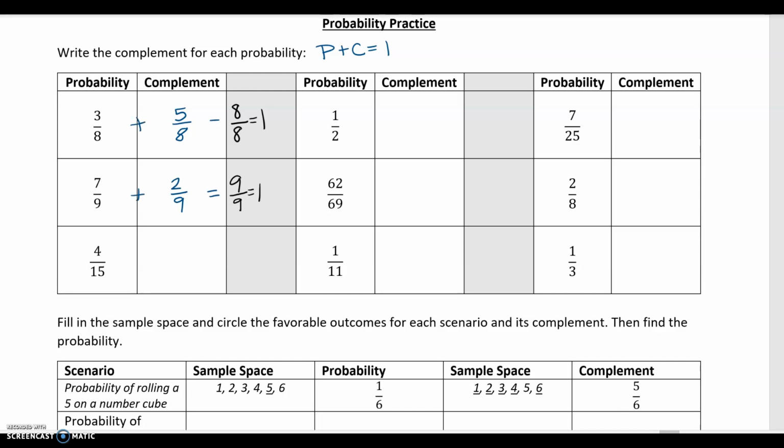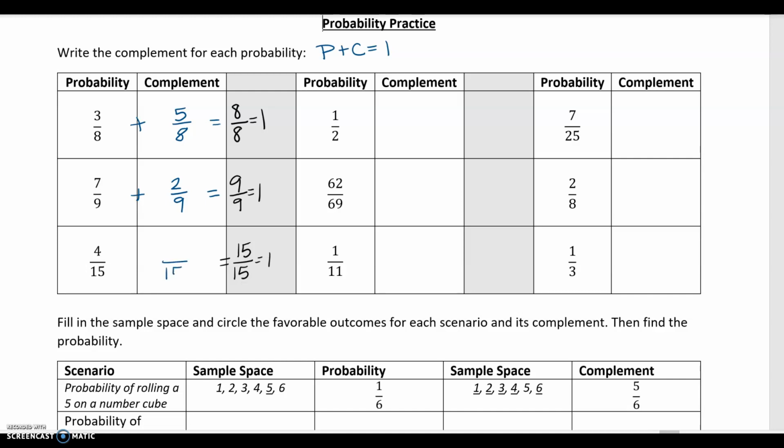Okay, let's try this bottom one. So again, the probability and its complement equal to 1. 1 is the same as any number on top of the other. So 15 divided by 15 is 1. Any number over itself is going to equal 1.